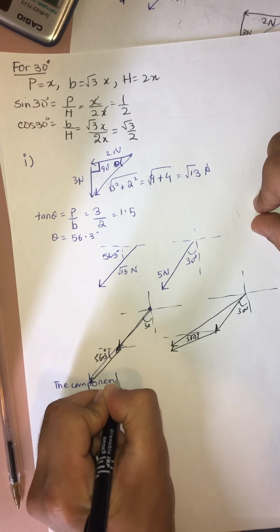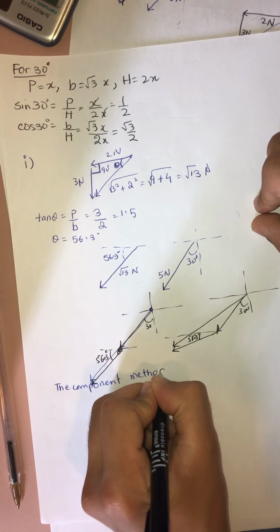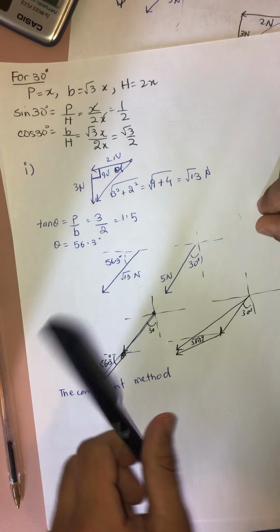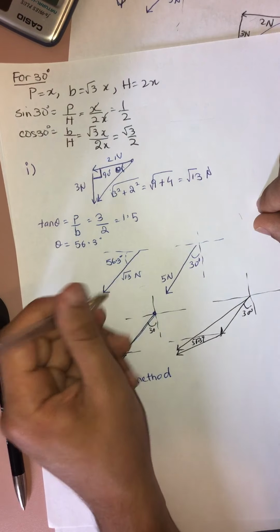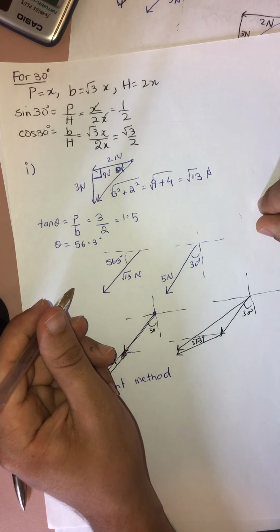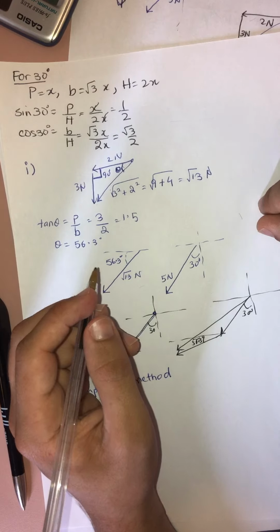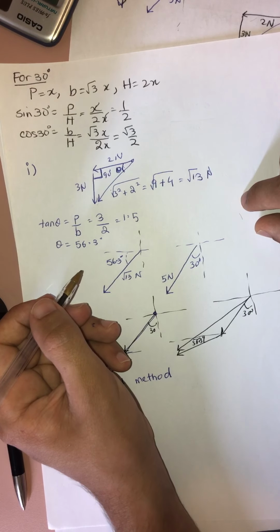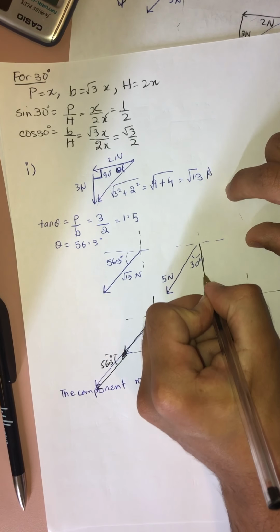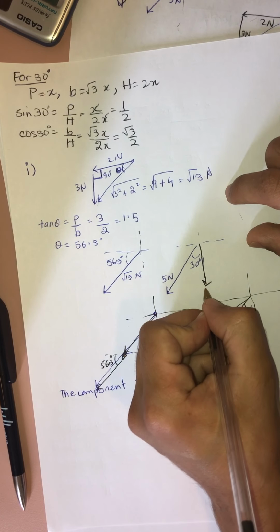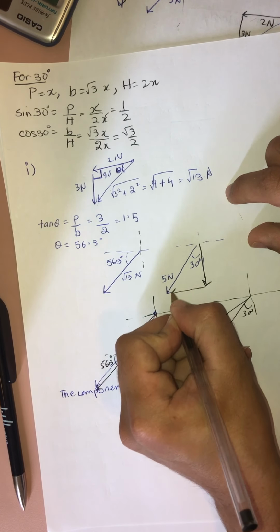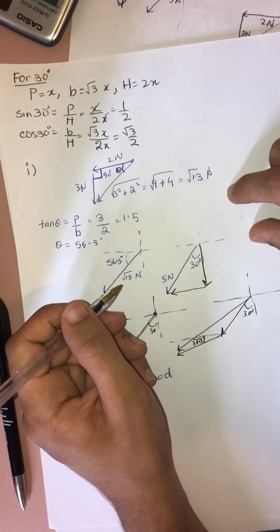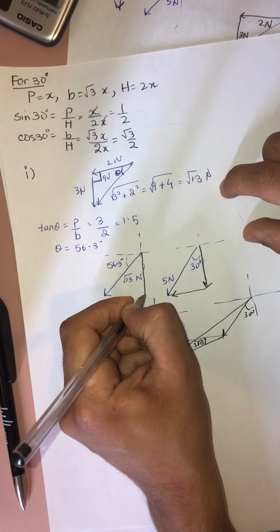The component method says to try to break these vectors into subvectors or components in the x-axis and y-axis directions. For instance, I can divide this vector into components in such a way that one of the vectors is along the y-axis and the other vector is along the x-axis. Again, you can do the same for this one.